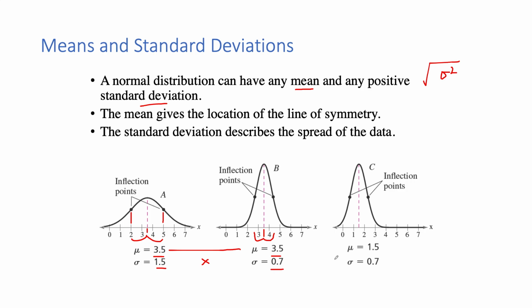And this is a case where I have a similar distribution. These two distributions have the same standard deviation, but they have differing means, right? So the mean is not the same. In this case, the mean is 1.5, so the center of this distribution is going to be at 1.5, but the shape of the distribution is basically defined by the standard deviation, so it's going to look very similar.